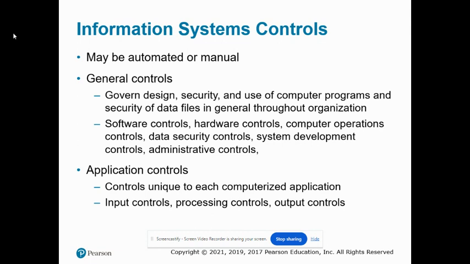There are two main types of controls: general controls and application controls. General controls apply to all computerized applications. A list of the types of general controls appears on the next slide. Can you identify what the functions are of the different types of general controls?